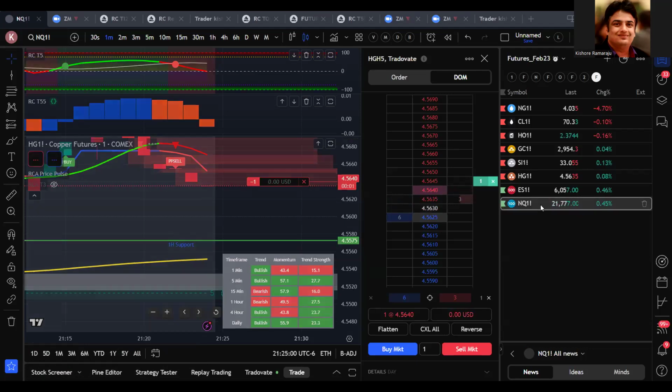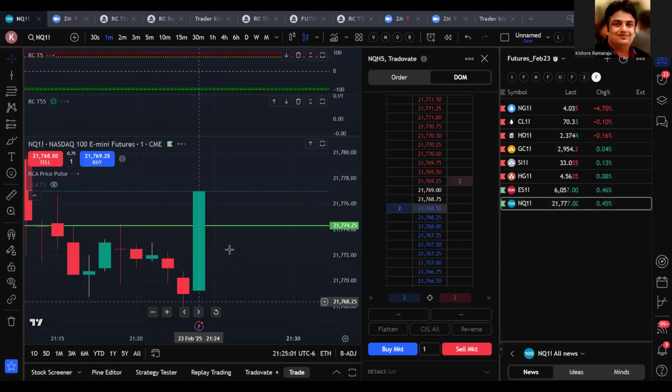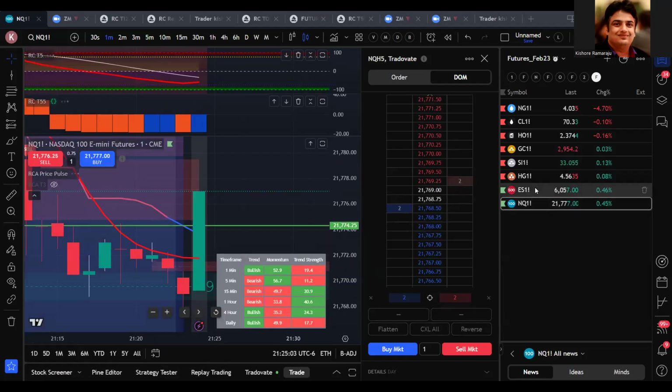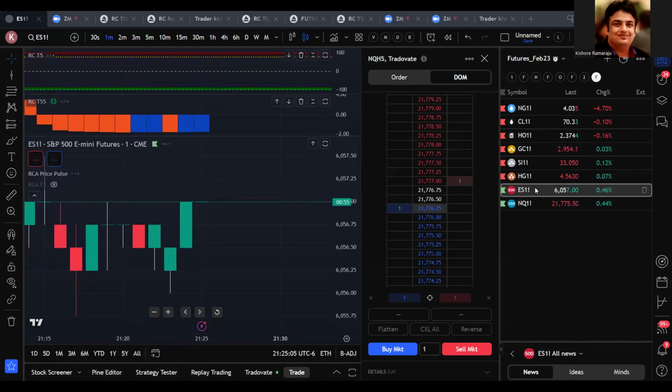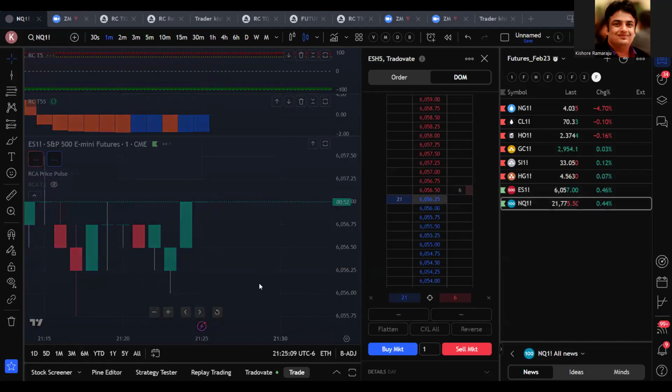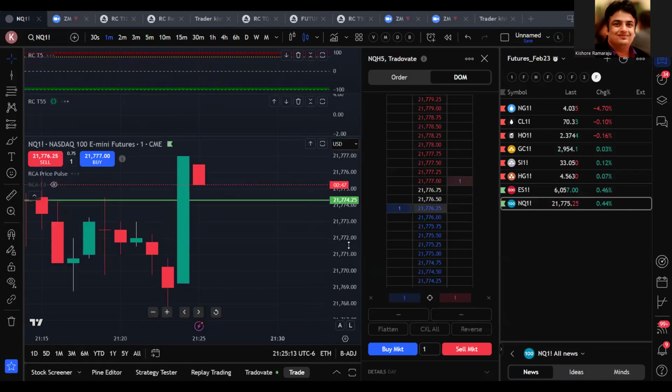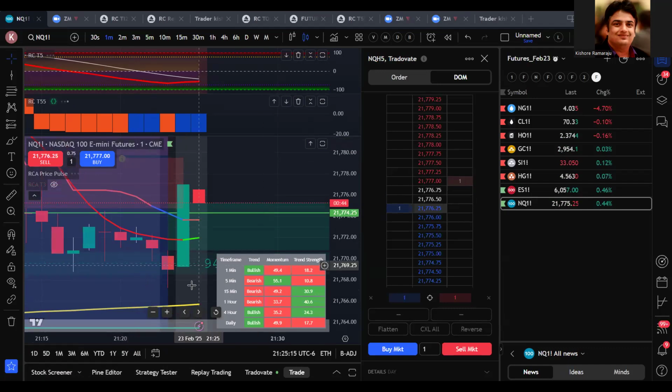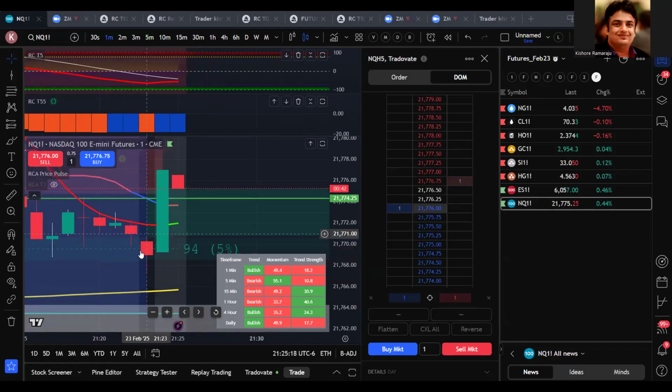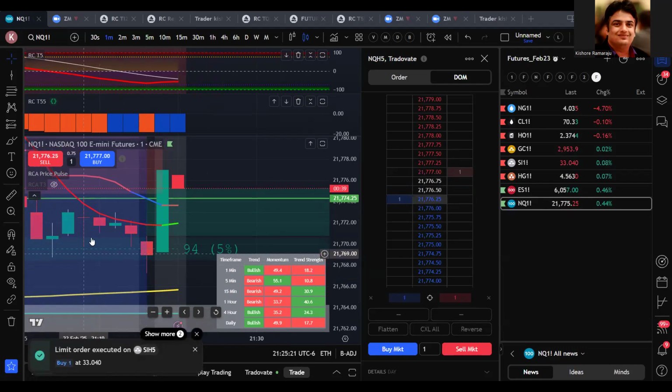We took all the profits on NQ. We took all the profits on ES. Because we saw that there was a big buy order block here. So based on that buy order block, we kept our target. So silver also we took profits.